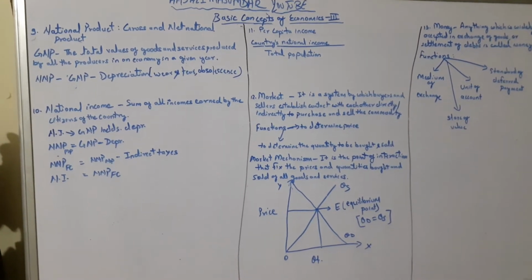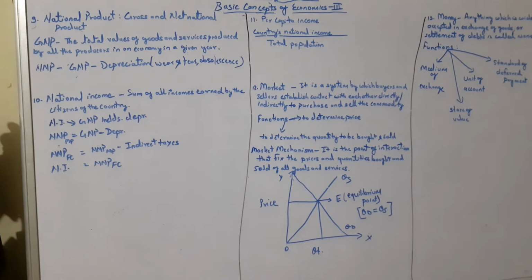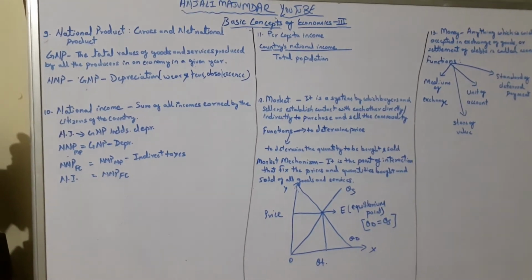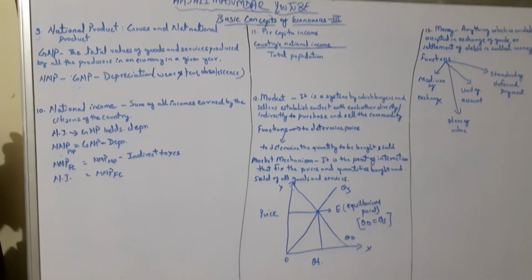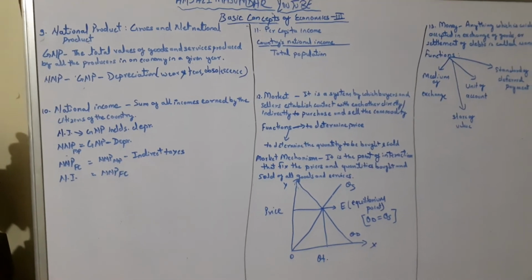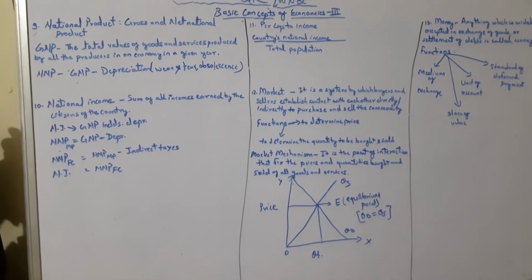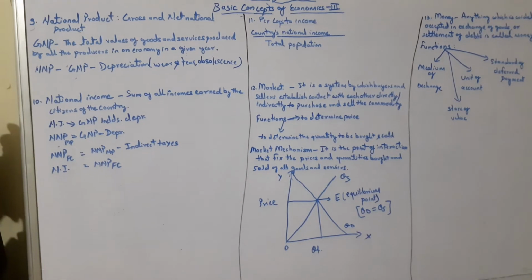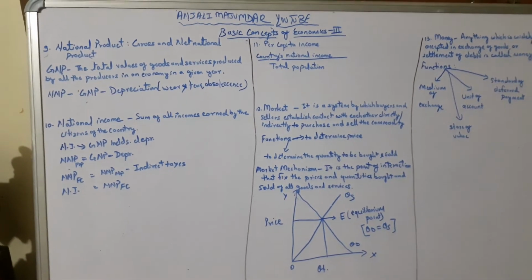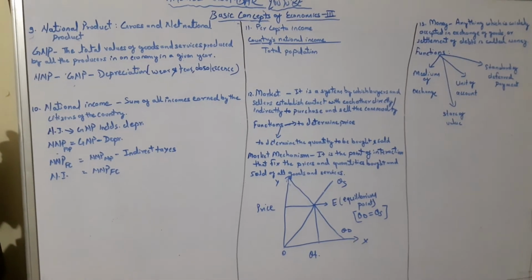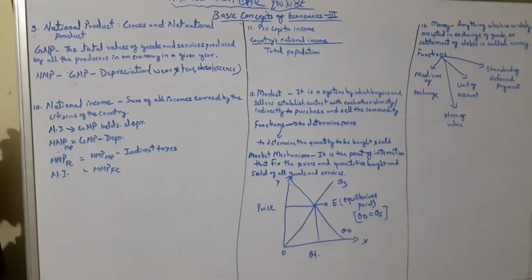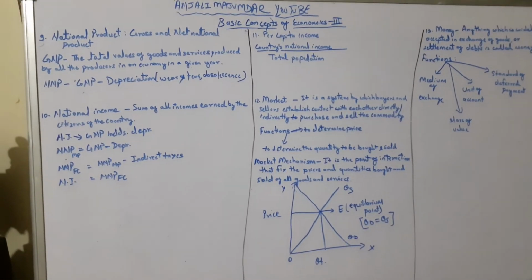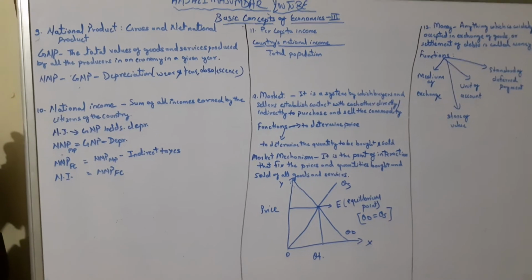When these meet, that is the point of intersection where they cut each other, shown with capital E. Here E is the equilibrium point. What is the equilibrium point? Where quantity demanded becomes equal to quantity supplied. This is the determination of price, which is the main function of a market.